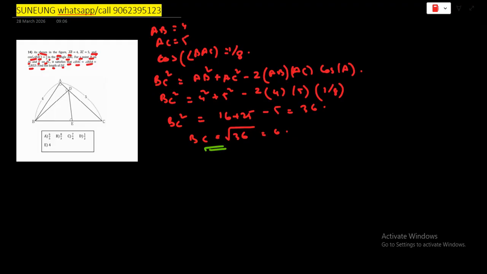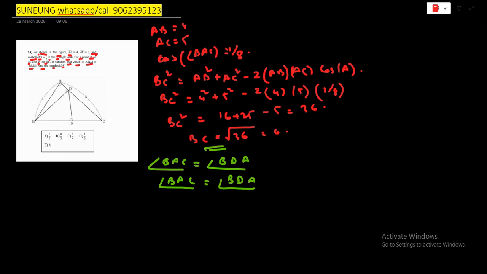So now the problem gives us a riddle. Angle BAC is equal to angle BDA. Now let's look at the triangles ABC and ADB. Wait a minute. Both share the angle at A, and the problem says angle BAC is equal to angle BDA.